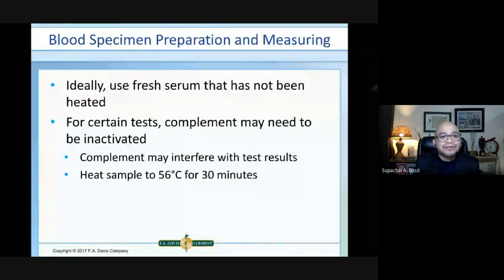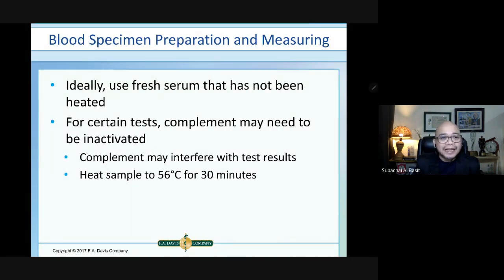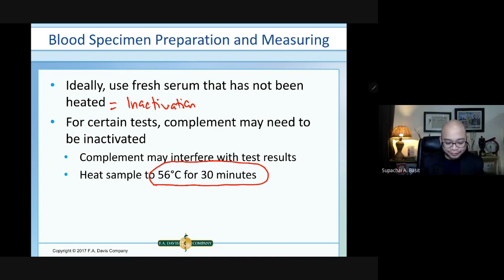Ideally, we use fresh serum that has not been heated. Heating of serum refers to inactivation. When we say inactivation, we are heating the serum at 56 degrees for 30 minutes.